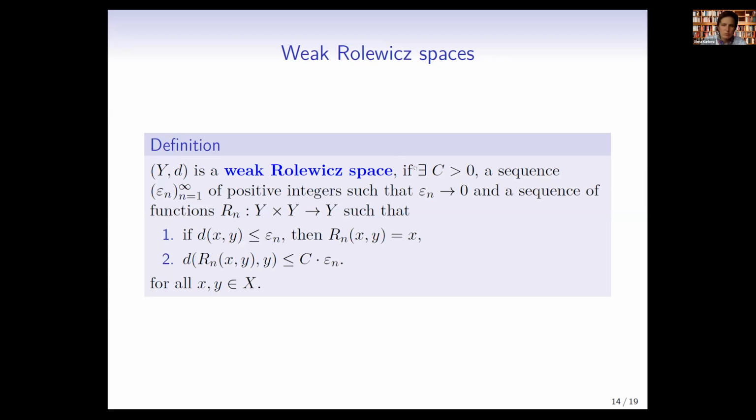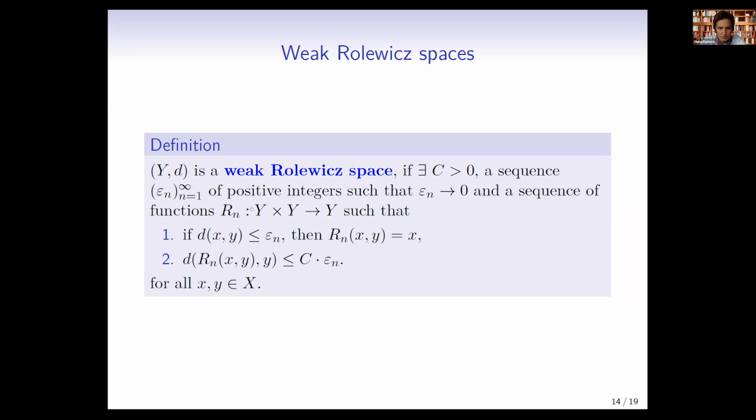It is almost the same, but a weaker property: we have a constant C and a sequence epsilon n which tends to 0, and a sequence of retractions such that the ball with radius epsilon n has the fixed point property, but all other points we can map into the ball with a bigger radius.